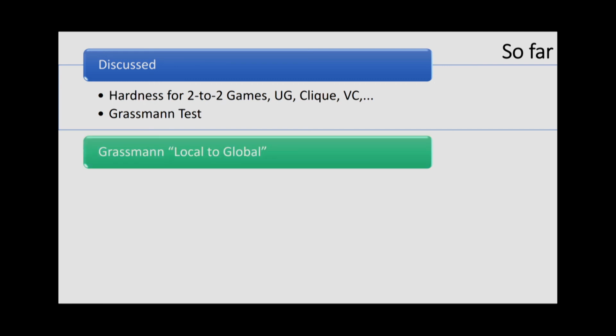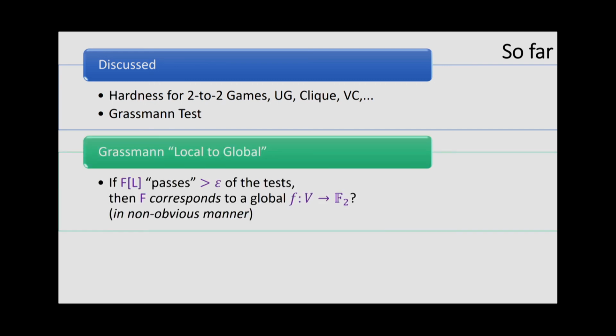Let's recap what we've seen so far. We discussed hardness for 2D games and some of its corollaries. We presented the Grassmann test. And we concluded that the interesting question that we need to ask ourselves is what sort of soundness you can prove for this test.